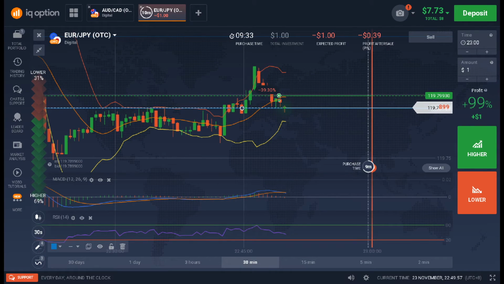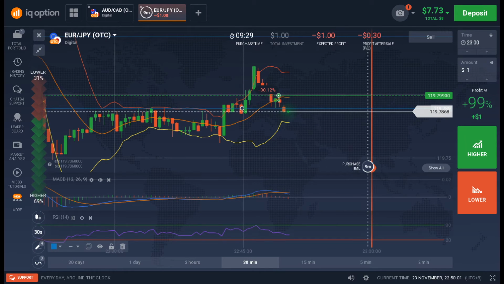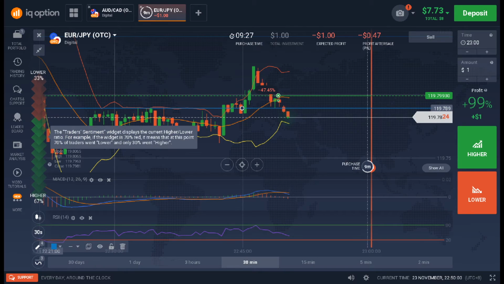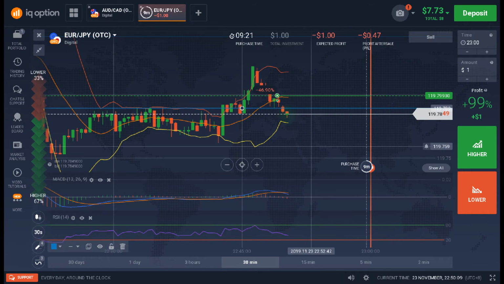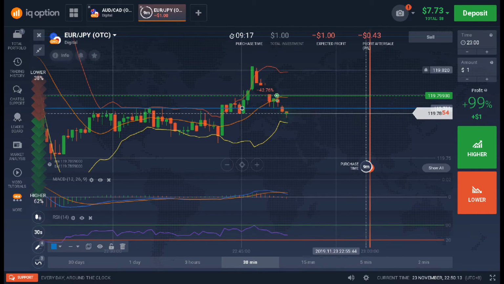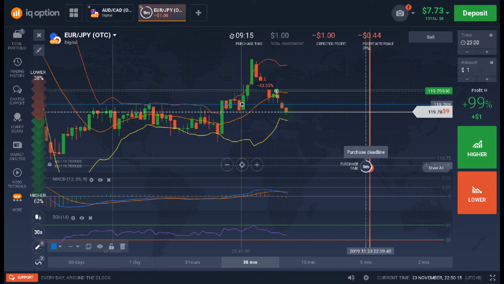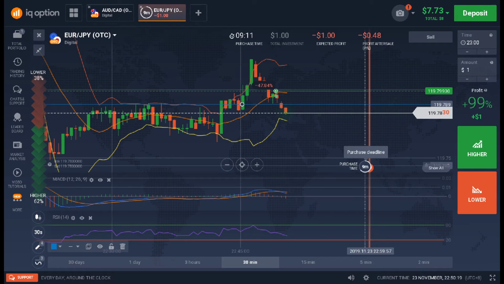Not a good sign. But people betting on it to go higher is 67% now. So it looks like it's going to be a long wait again till it will go up. 9 minutes more. Not a good sign.